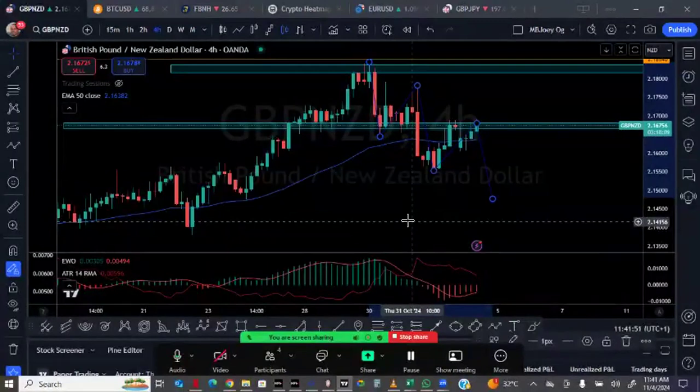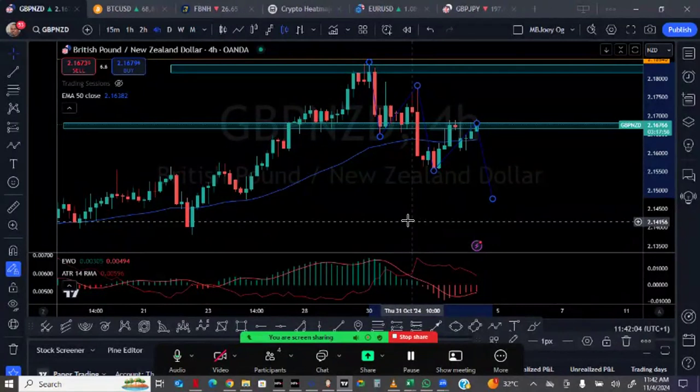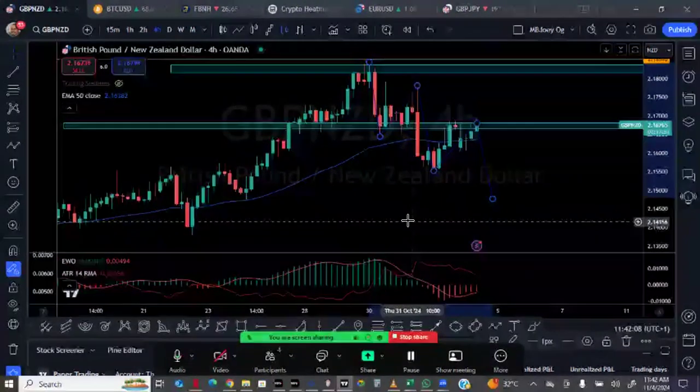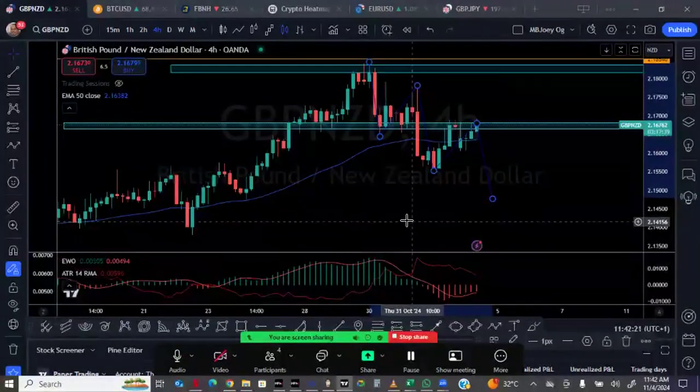My target being my take profit area and my stop loss being if market comes to this point, it means it has violated every rule of the sell and it is now projecting for a buy. If it does that, then I'm done. Okay? Are we together?